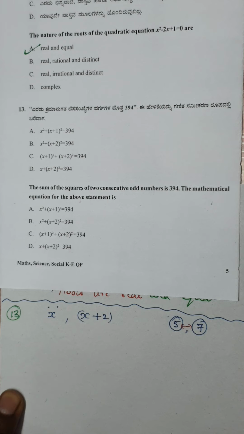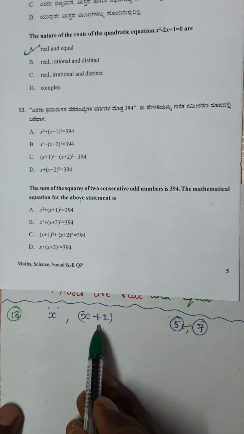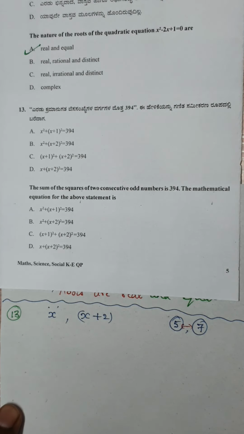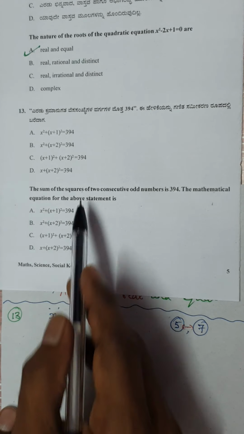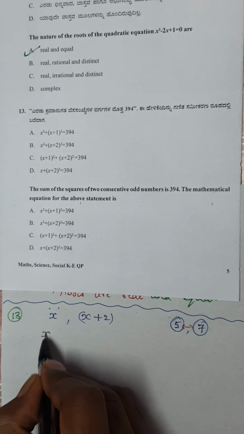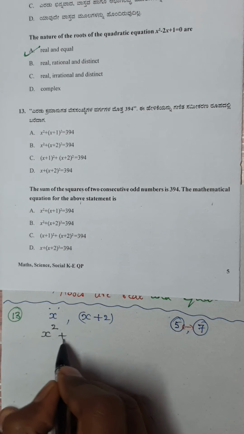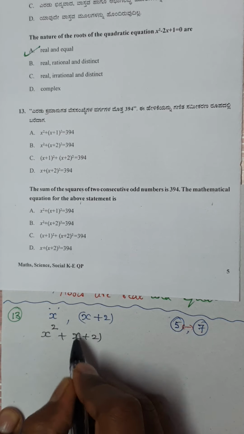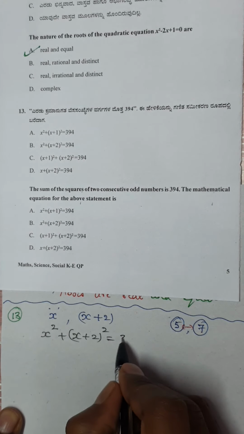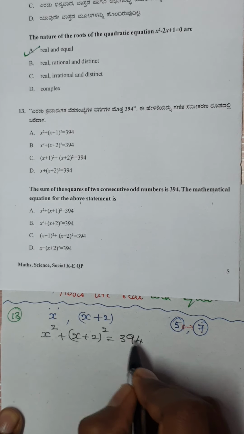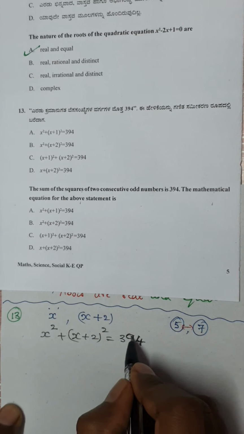Okay, now I found out the two numbers, but what is the equation I'm going to get? Let's check the condition. The sum of the squares means if I take the square of x plus the square of x plus 2, this will be equal to 394. Okay, so this is the given condition here.